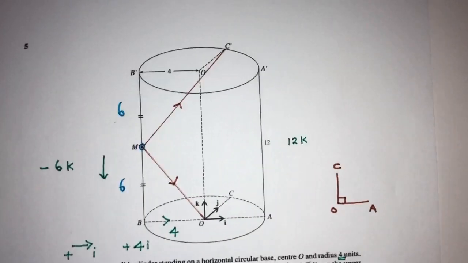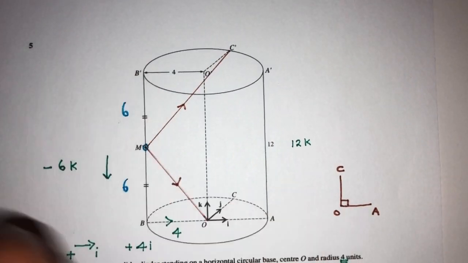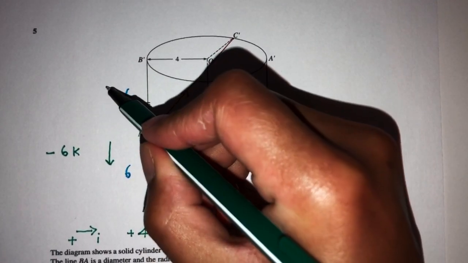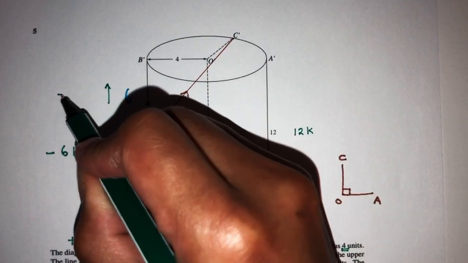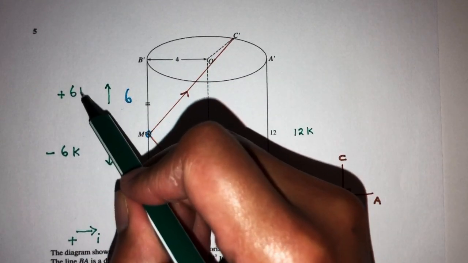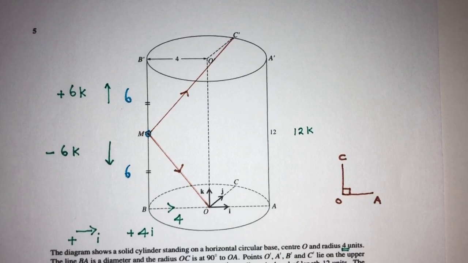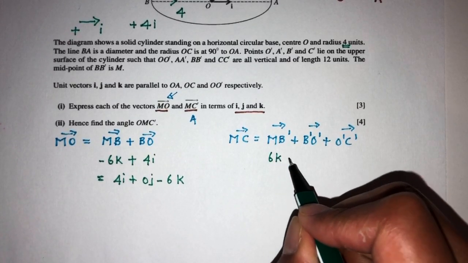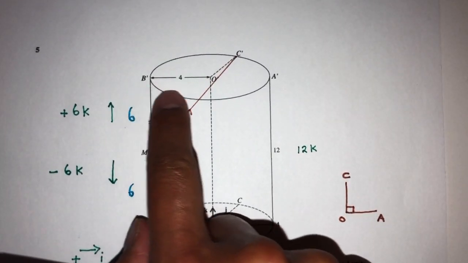Now, M going up, because K is the direction going up, will be a positive value. We know this is 6, so it will become 6K for the vertical value. So MB prime will be 6K, positive obviously. Now for B prime to O prime, this is 4.